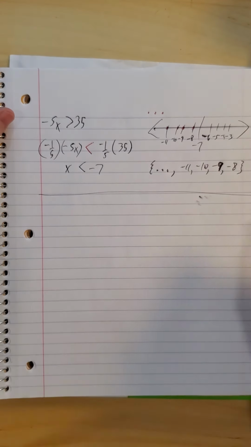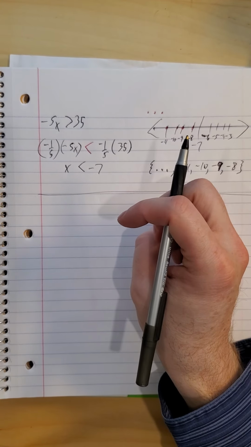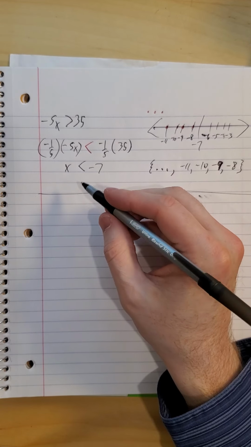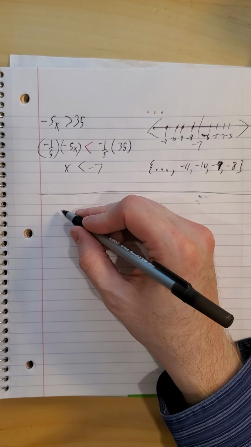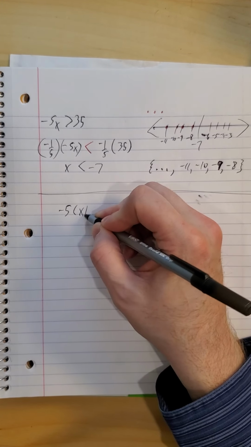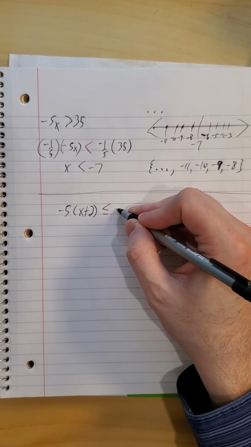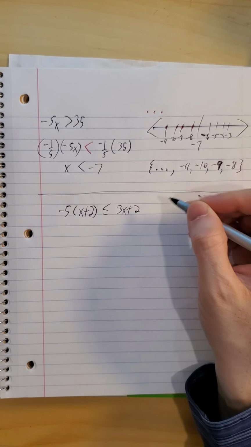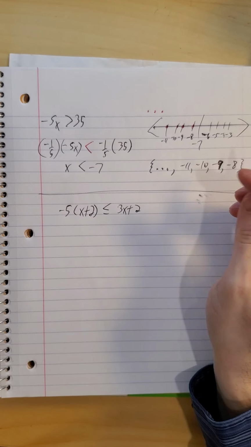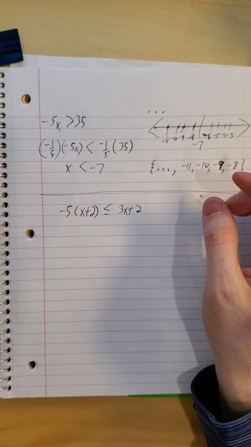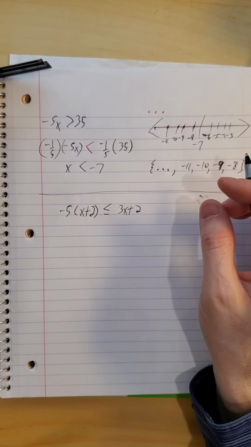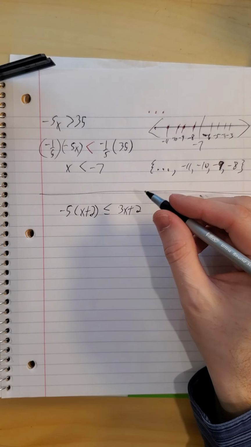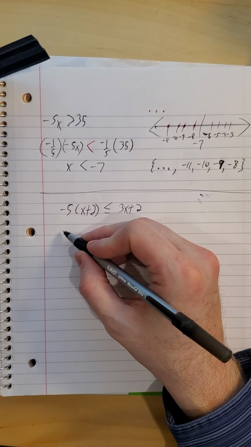So this next one, we combine kind of two properties. So -5 times the quantity x plus 2 is less than or equal to 3x plus 2. So in this one, before I start trying to solve this, I need to simplify first. So we'll use the distributive property.